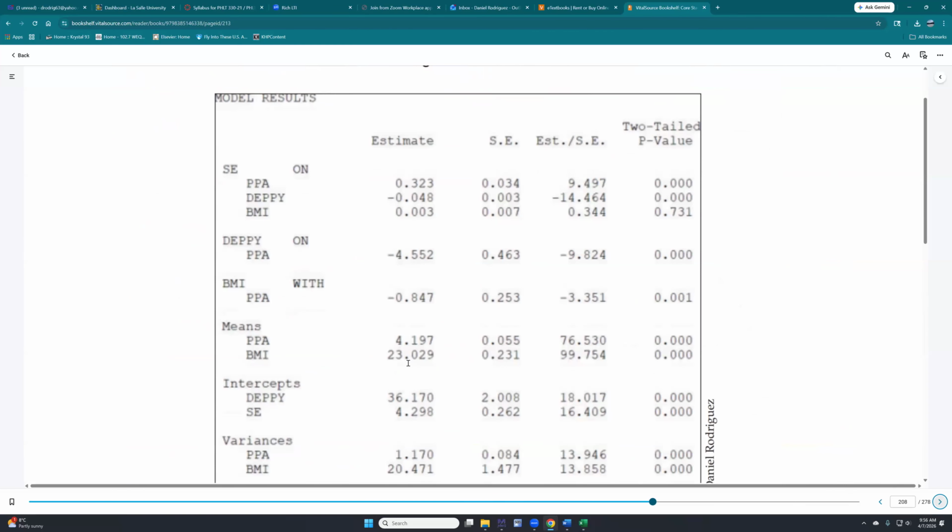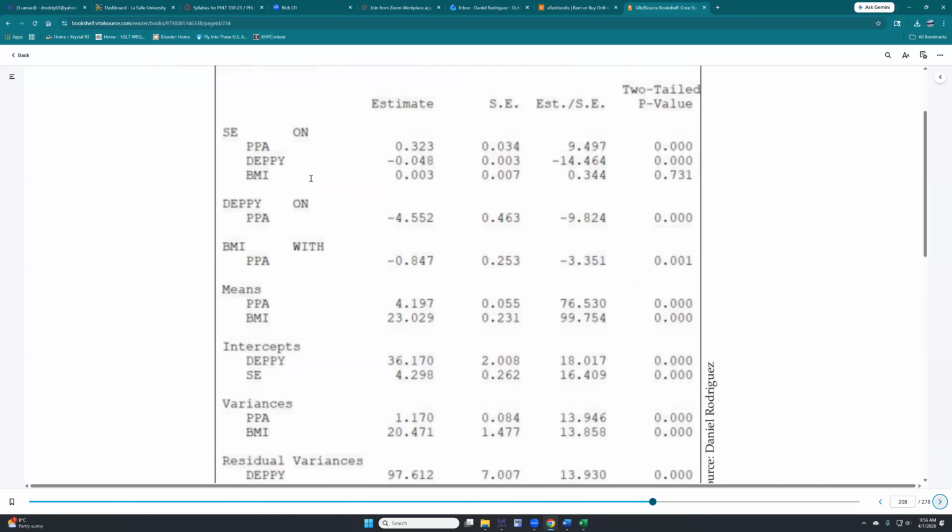More stuff. Here are my estimates. So these are your parameter estimates. Okay. You can see which ones are significant, like perceived physical appearance and depression have significant effects on self-esteem, whereas BMI does not. I mean, you think about this as a regression controlling for these two. BMI is not a significant predictor of self-esteem.